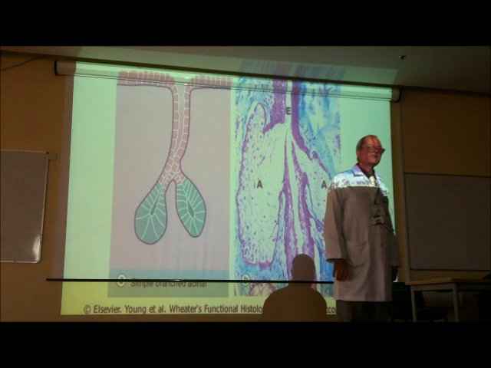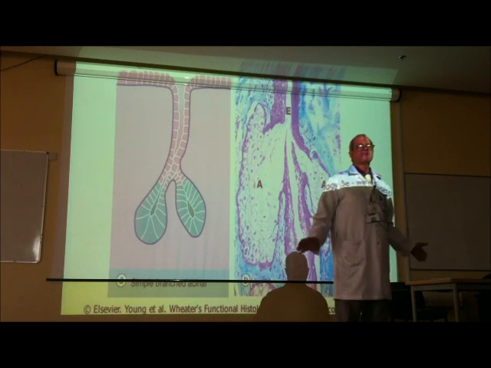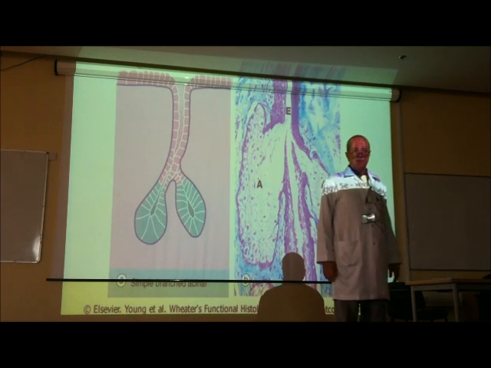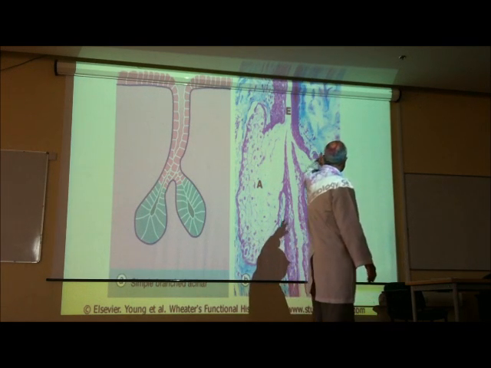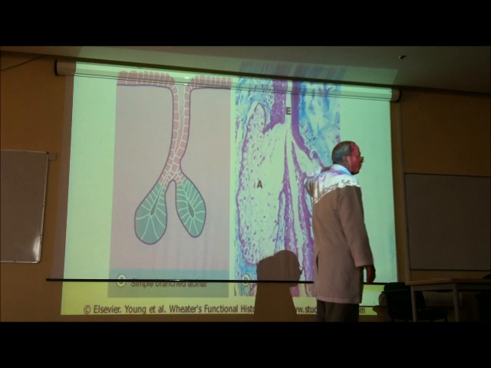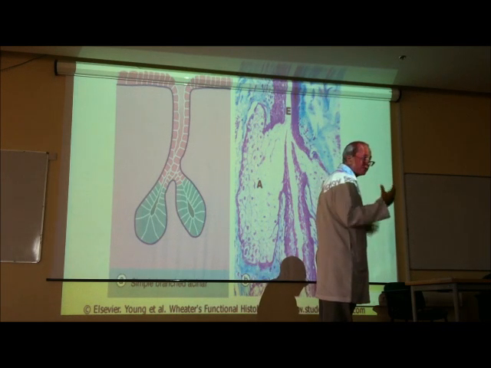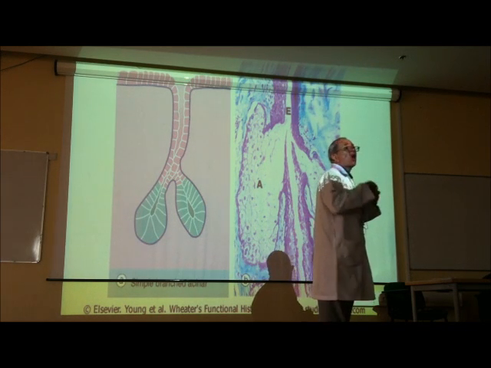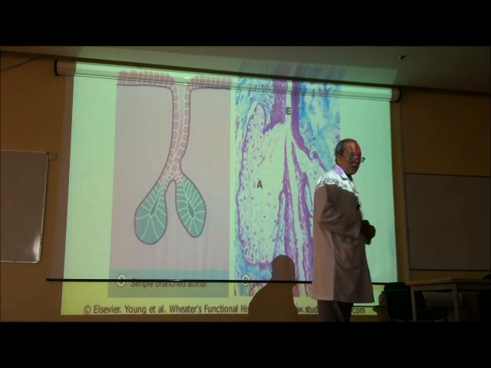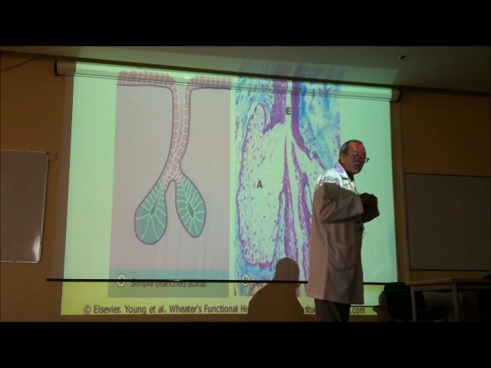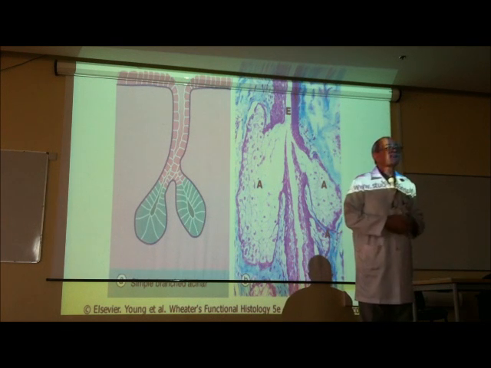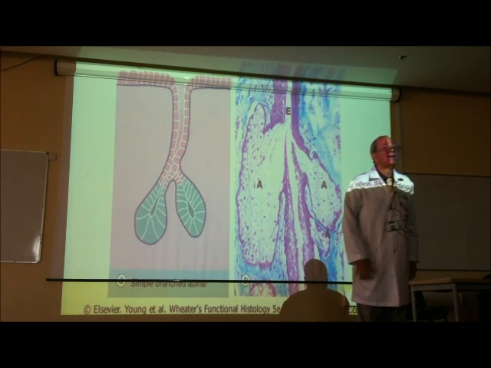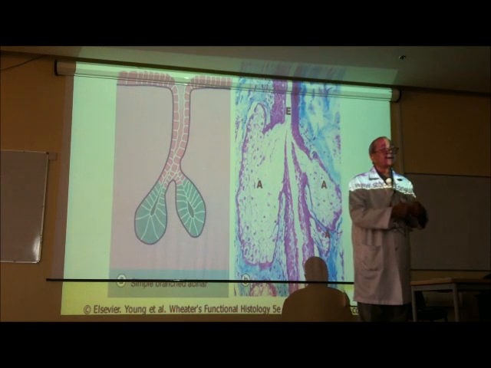Actually, it's in the dermis of the skin, because glands of the skin are present in the dermis, but their ducts open into hair follicles, to moisten the hair. If the hair was not moistened, it will become dry, and the dried hair will crack.